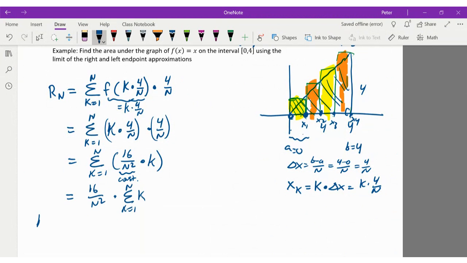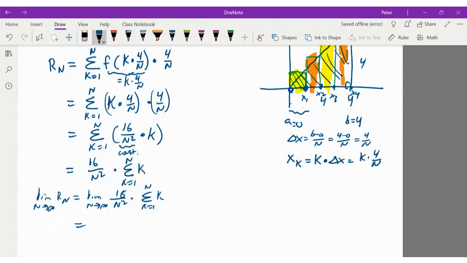The limit of Rn as n approaches infinity is equal to the limit as n approaches infinity of 16 over n squared times the sum from k equals 1 to n of k. Sorry, I know I'm a minute over time. I'm just going to try to finish this really quickly before we leave.